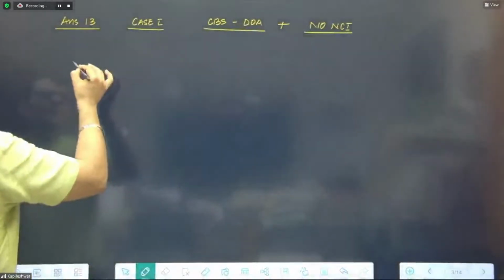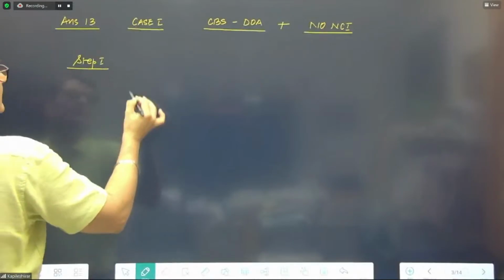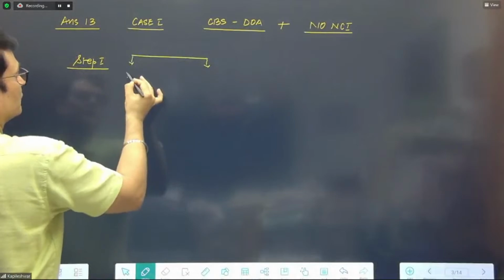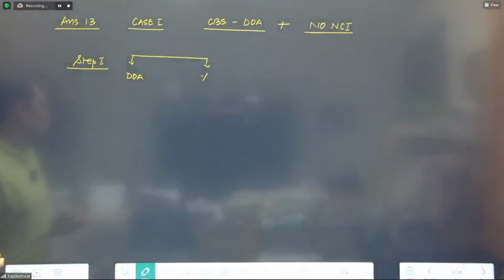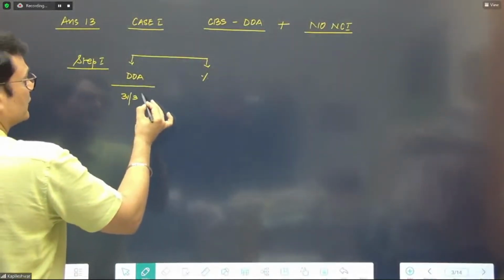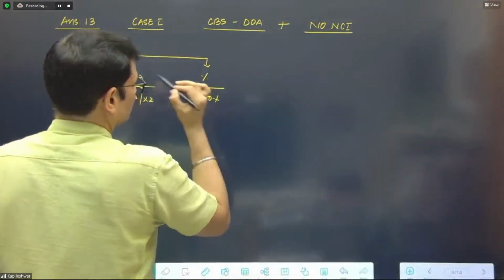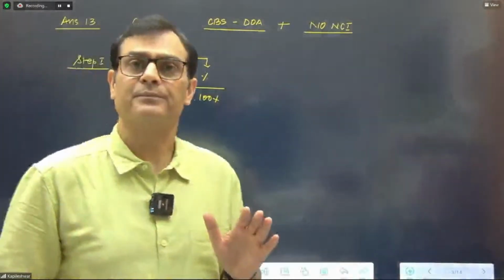Let's begin with step number 1. At the first stage, we just need to identify the date of acquisition and the percentage. It's very clearly given: the date of acquisition is 31st March X2, and the percentage is 100%. Pretty simple and straight indeed.